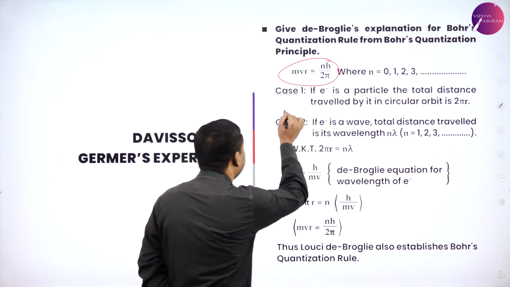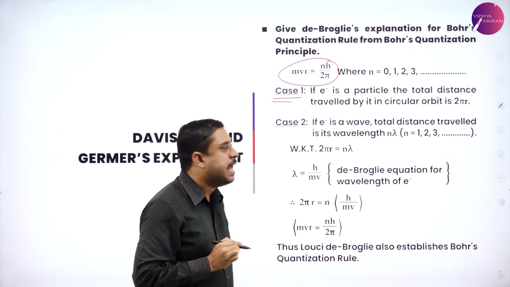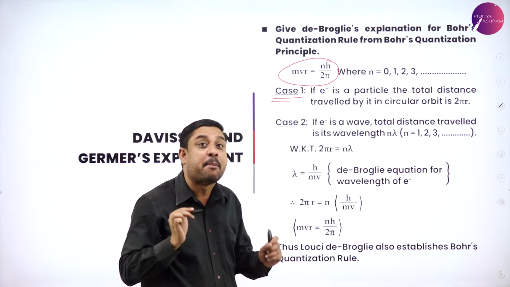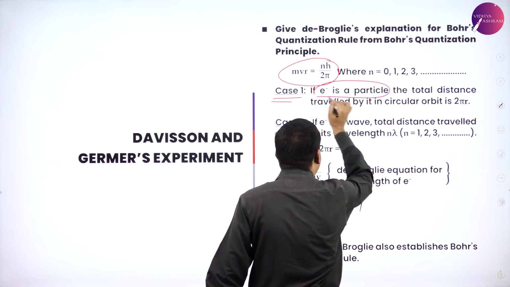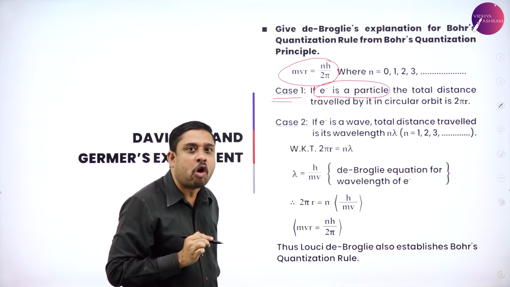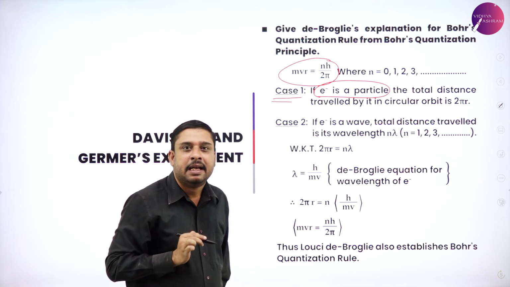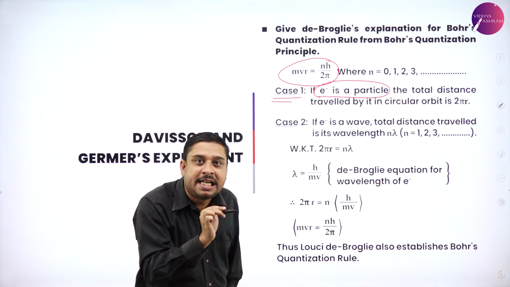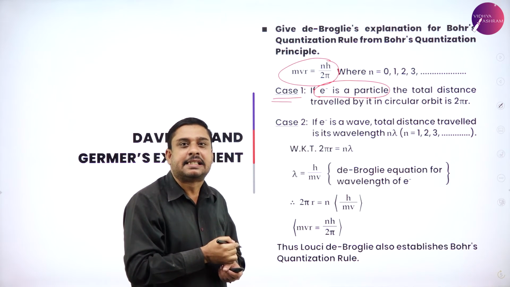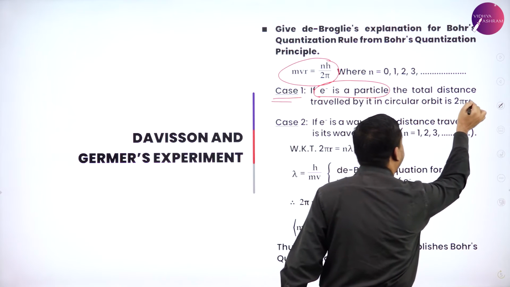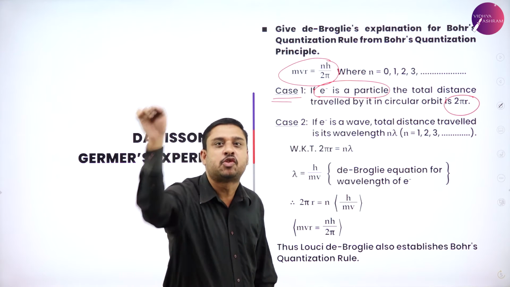Now, if I consider the electron as a particle, then the total distance traveled by it in the circular orbit is 2 pi r, the circumference of that orbit.